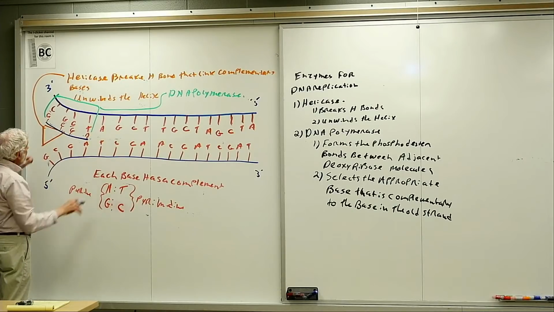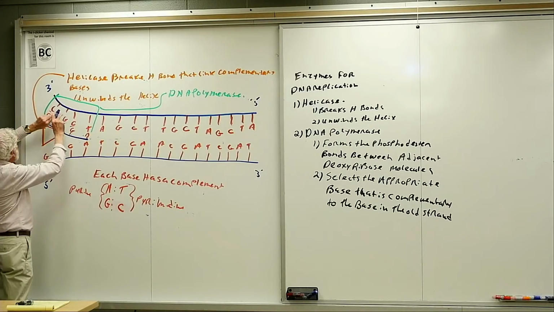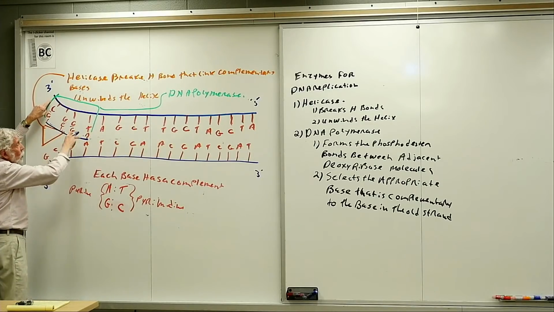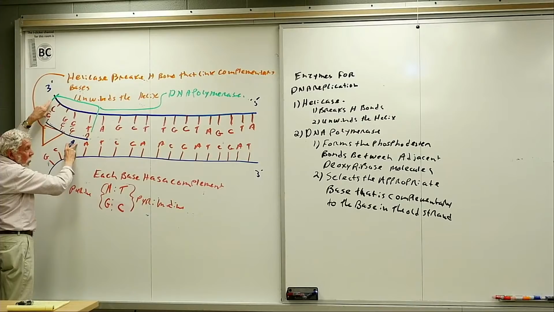This goes on. Basically, this DNA polymerase gets on at the 3' end and walks from the 3' end to the 5' end, inserting the appropriate base, making the appropriate phosphodiester linkages.